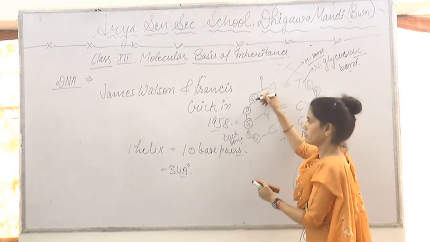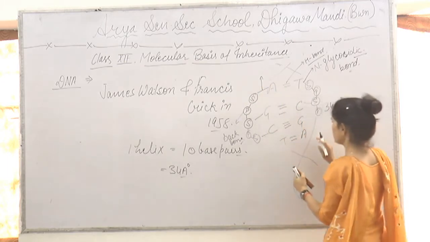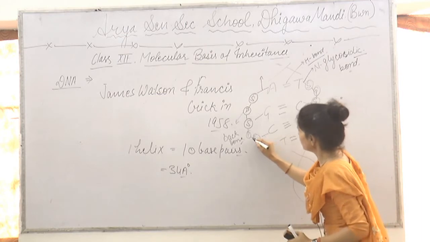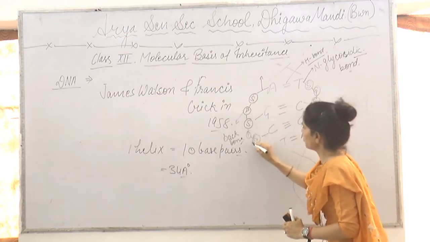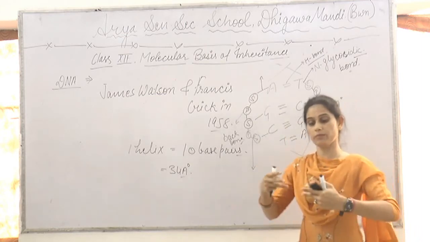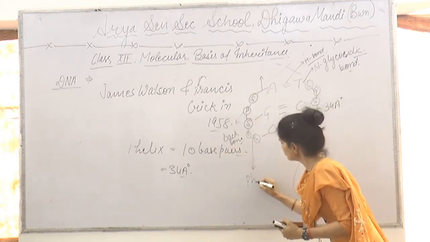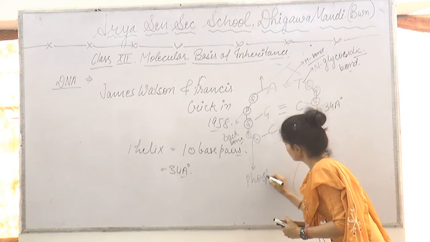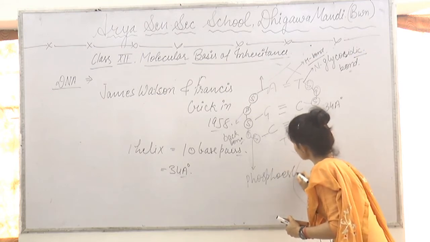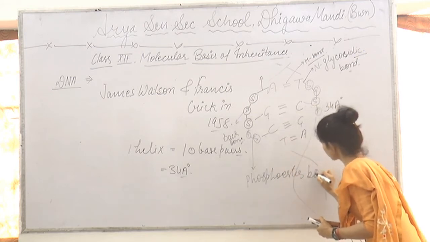Phosphate group and pentose sugar form the backbone of DNA. Now, which type of bond is this which is present in between pentose sugar and phosphate group? This is phosphoester bond.